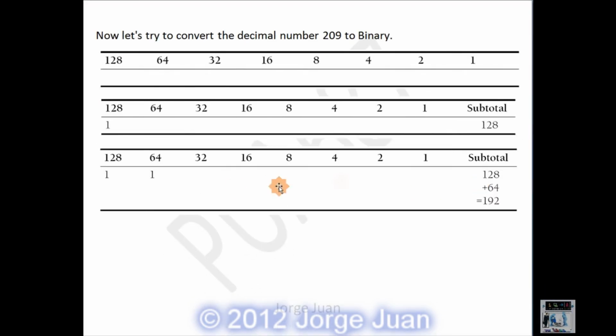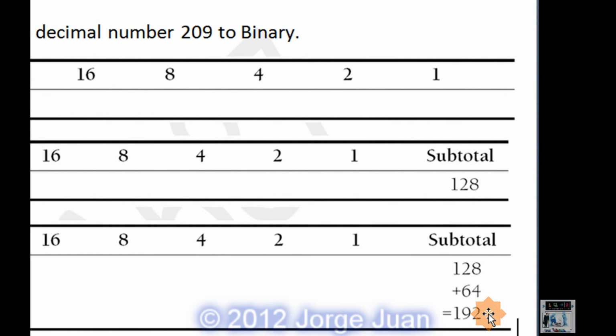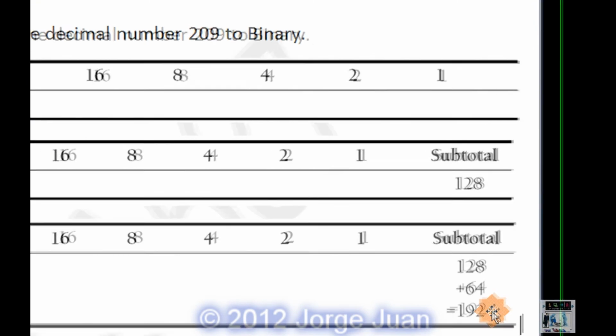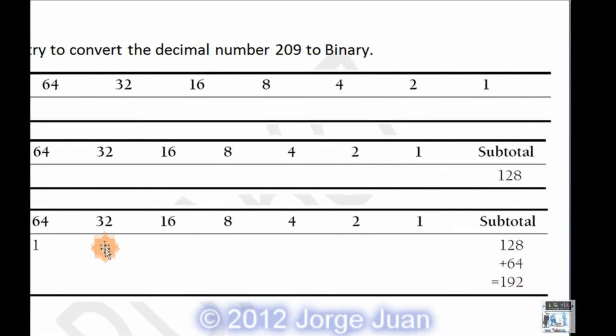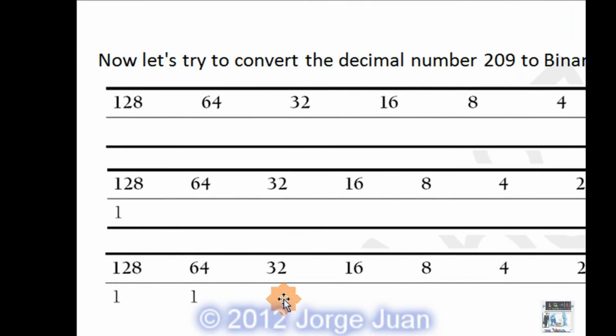Then when we do that, we have 128 and 64, and here's the subtotal, and that equals 192. Now we're not at 209 yet. Next we will contemplate the 32. If we add 32 to 192, is that going to be less or more than 209? Well, I can tell that's going to be more than 209, so we cannot use a 32, so we'll put a 0 in the 32 position.